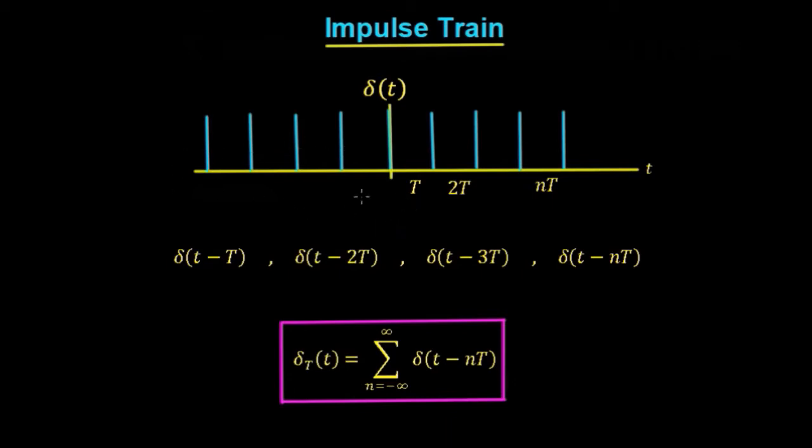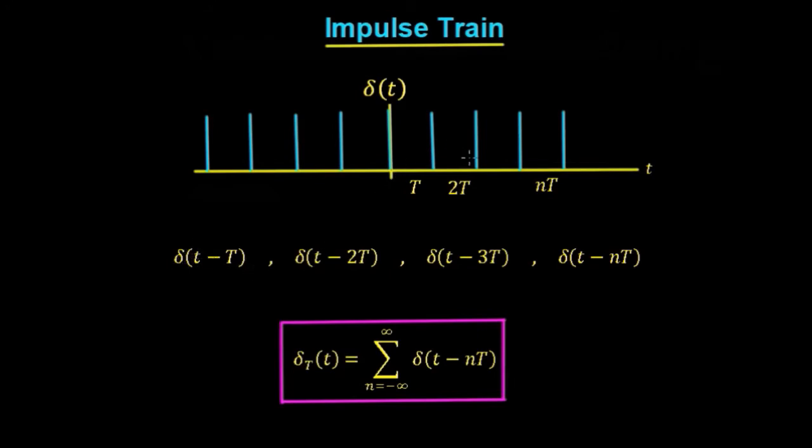So if we were going to represent this impulse train as a little function, we could start off with the impulse. Now the impulse is given by delta(t), and we'll have a look at the impulse function in a second. So we'll have this one here, which is delta(t). Now the next one is going to be delta(t) delayed by a factor of T. So in order to delay the function by T, you simply take delta(t minus T).